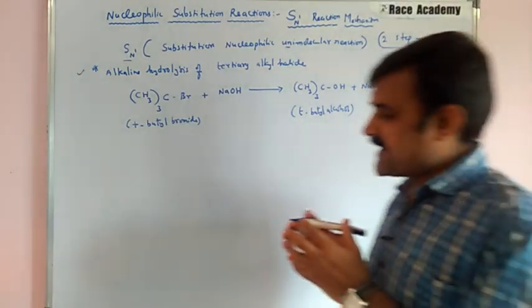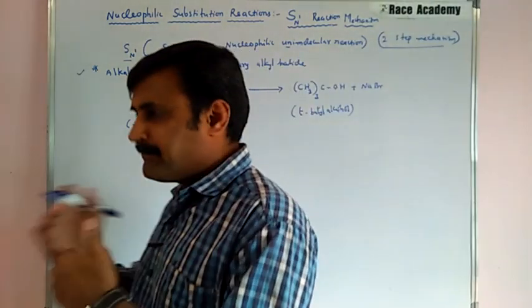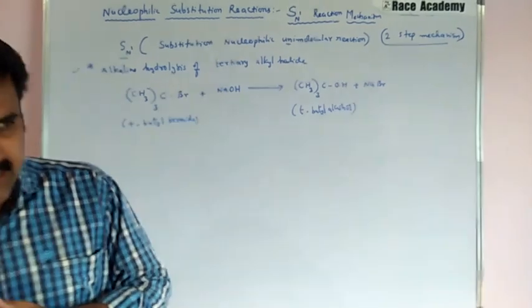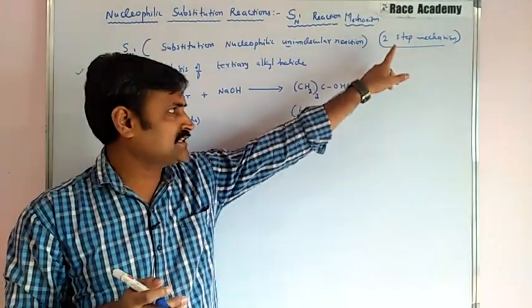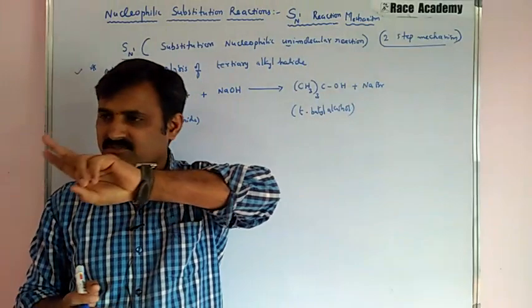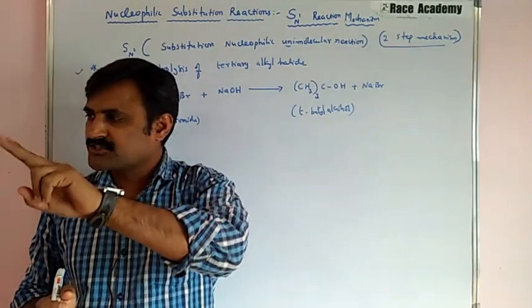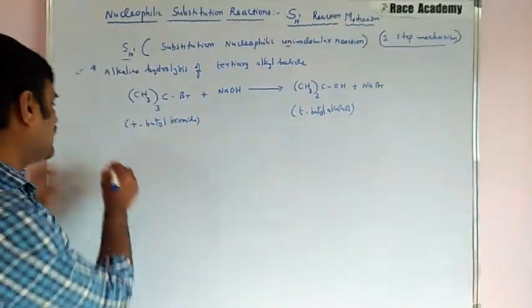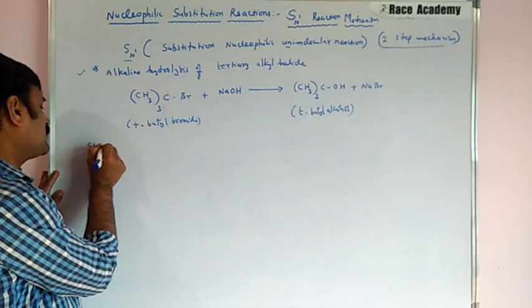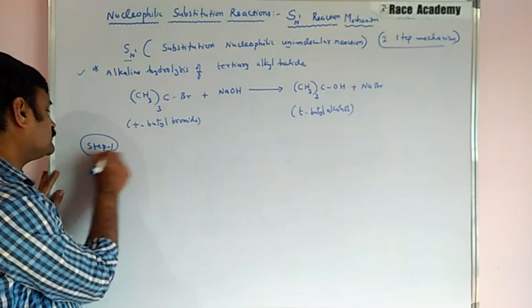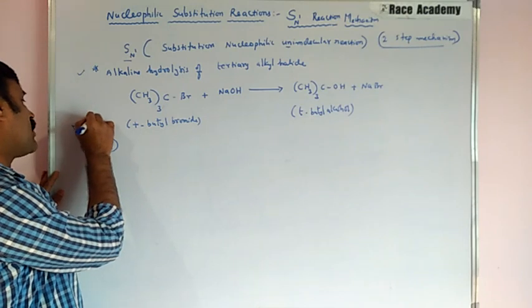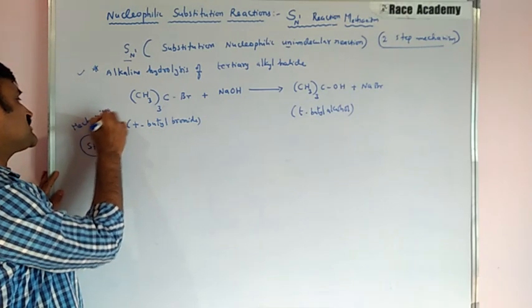We are going to understand this step by step as per the reaction mechanism. As I have already told, this reaction mechanism takes two steps. I am going to tell you step 1 now.